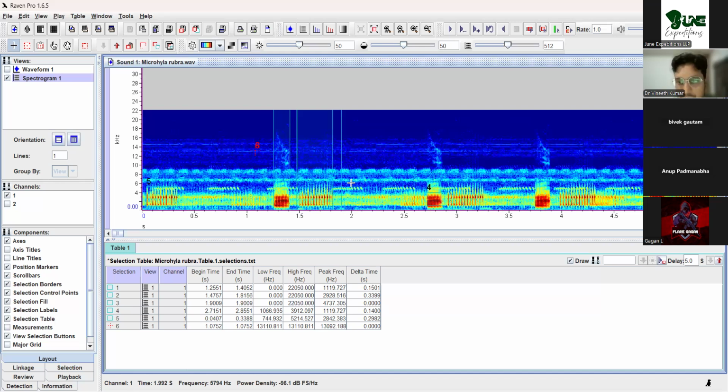Does the shape it forms in the spectrogram have to do anything?